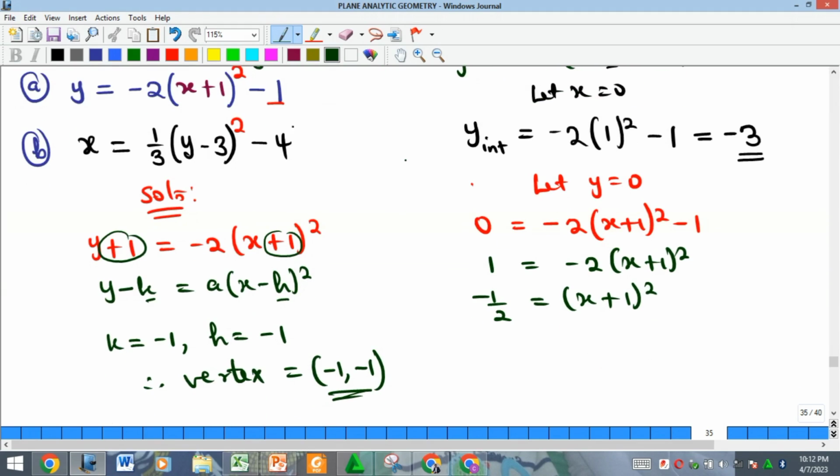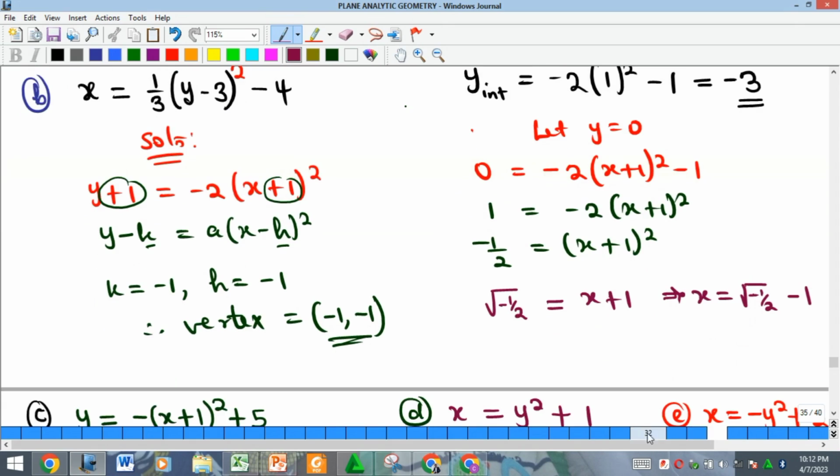Okay, so what do I do next? The square root of minus half is equal to x plus 1. And that is leading us into complex numbers. So our x alone will be equal to the square root of minus half, then minus 1.